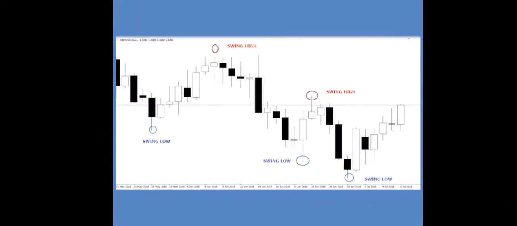Alright folks, take a look at this chart. You can see all the swing highs and all the swing lows are marked out right there. Now I want you to take your time to really look at this picture right here.